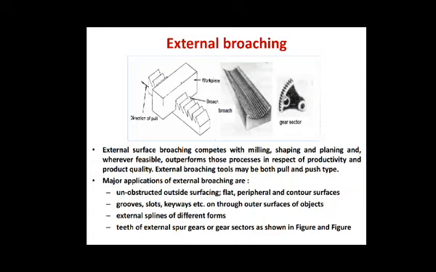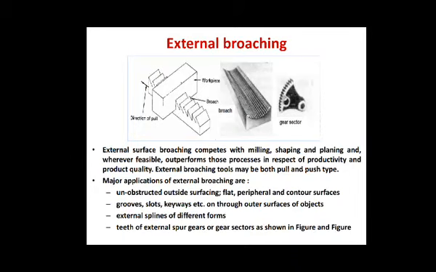The main applications of external broaching are surfacing flat peripheral contour surfaces, grooves, slots, keyways, etc. on the outer surface of an object, and also external splines of different forms, and the teeth of external spur gears or gear sectors.